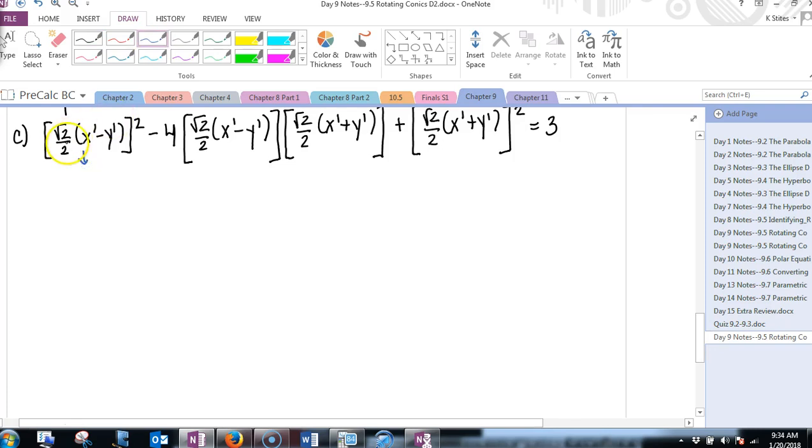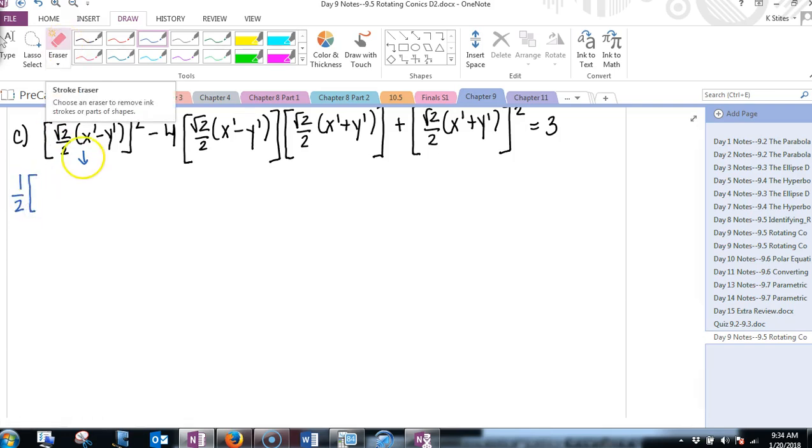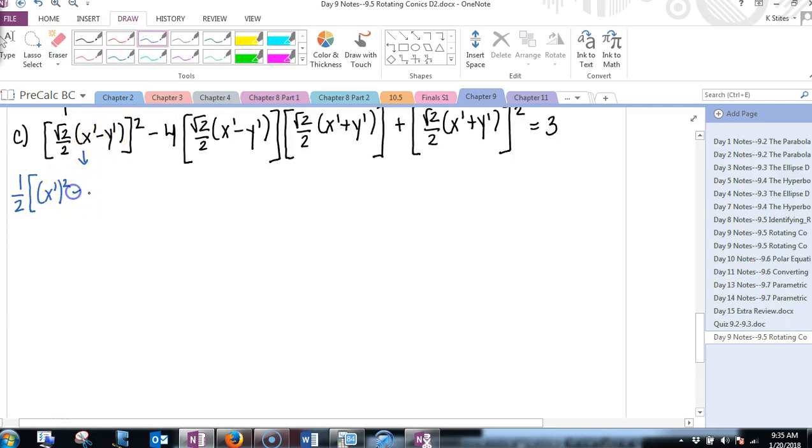All right, we are squaring root 2 over 2. That is 2/4, which is 1/2. And then you have x prime squared minus 2x prime y prime plus y prime squared. And then I am distributing the 1/2. Okay, and that's the first part.